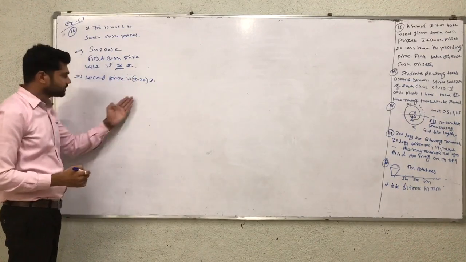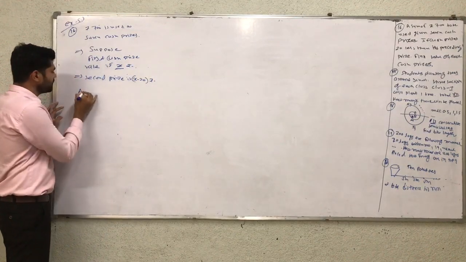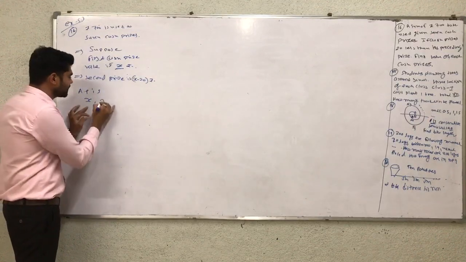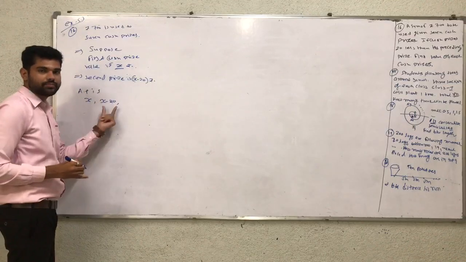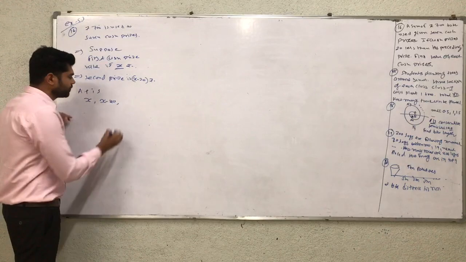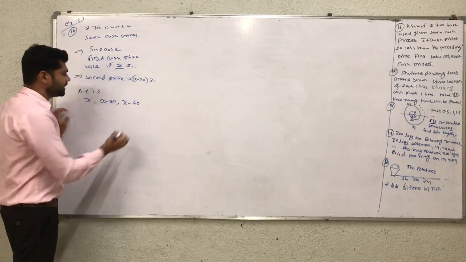In a similar way, the third prize is x minus 40. So the first is x, the second is x minus 20, the third is 20 less than the preceding, which means x minus 20 minus 20. So the third prize is x minus 40.